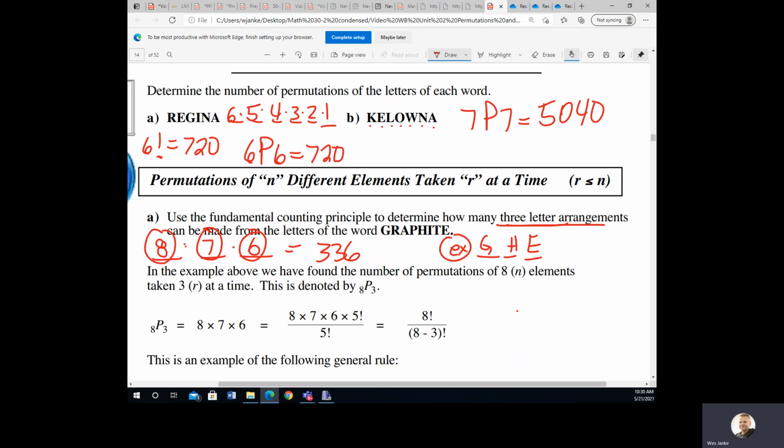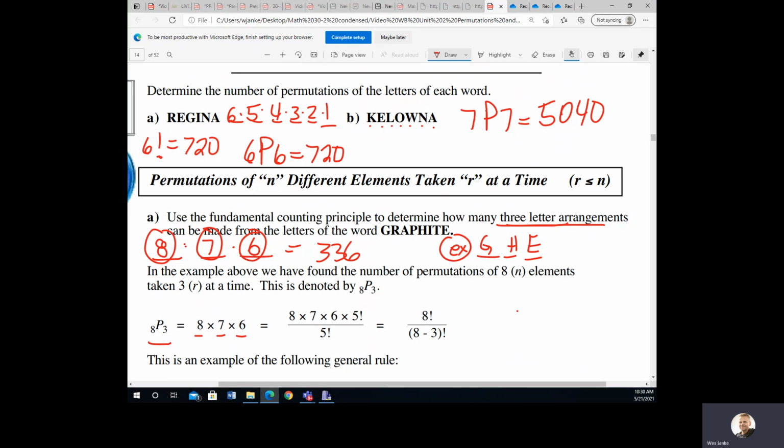Now, in the example above, we have found that the number of permutations of n elements taken 3 at a time is denoted by 8P3. So you can do a permutation question as a fundamental counting principle question.